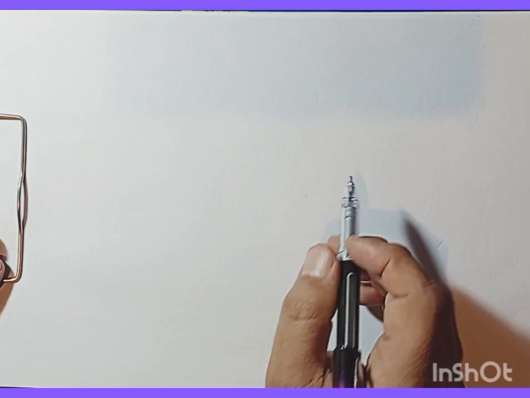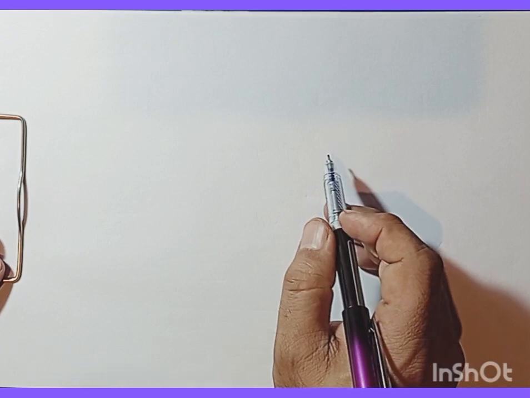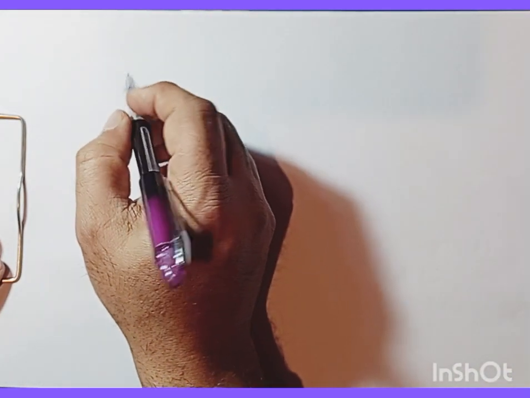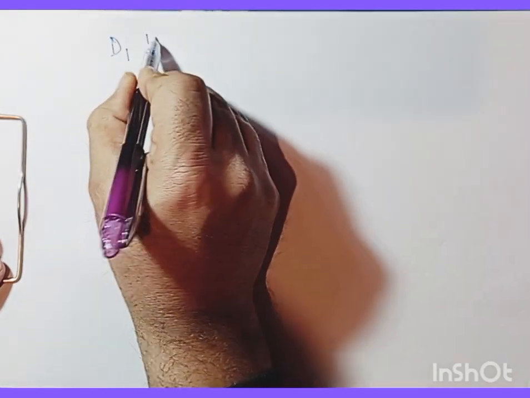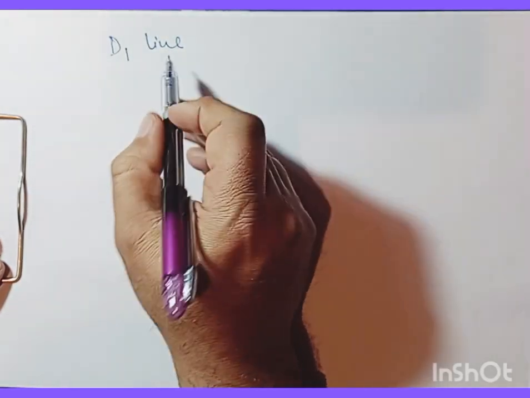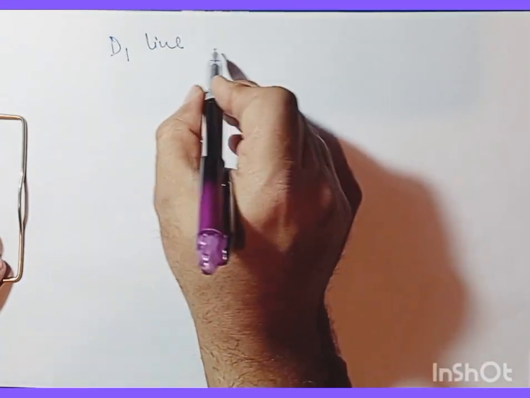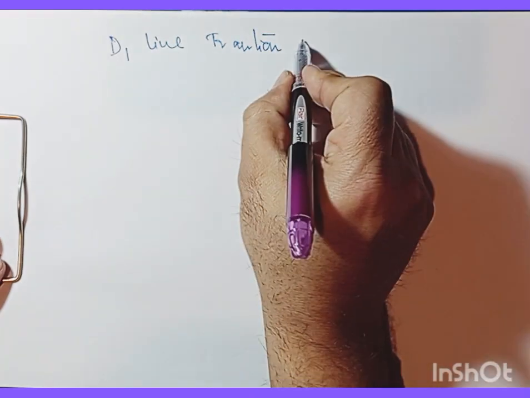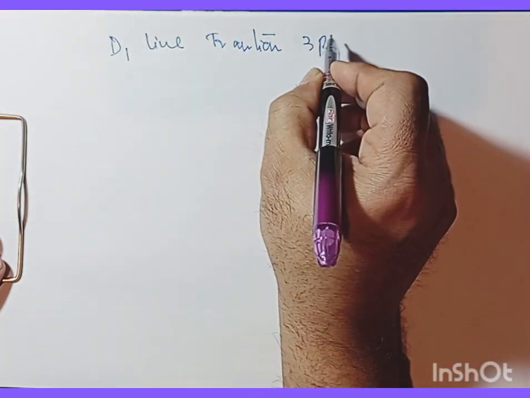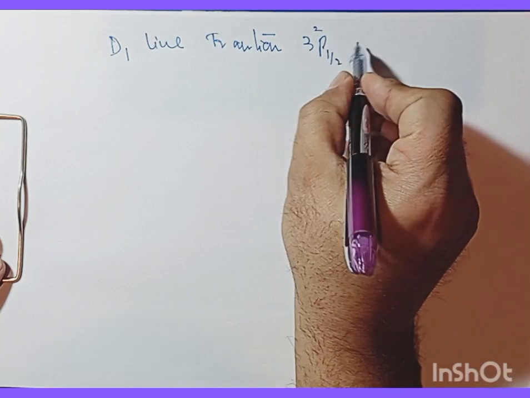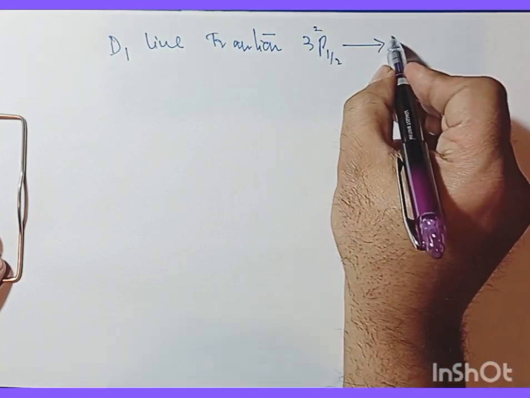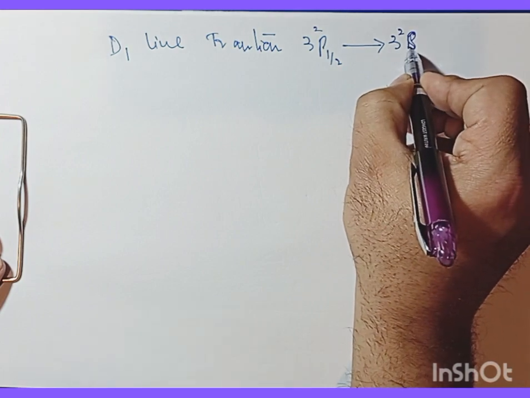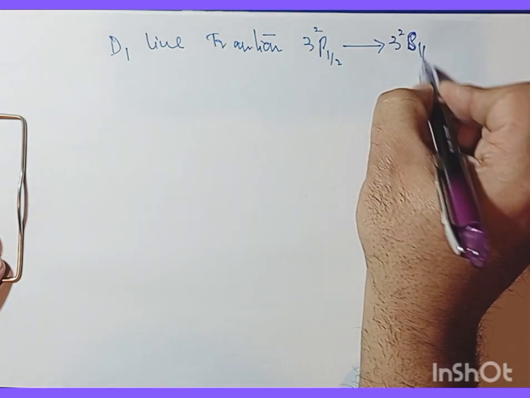In the spectrum of the sodium atom, we have the D1 line, and this D1 line is obtained due to the transition from the 3p 1 by 2 state to the 3s 1 by 2 state.